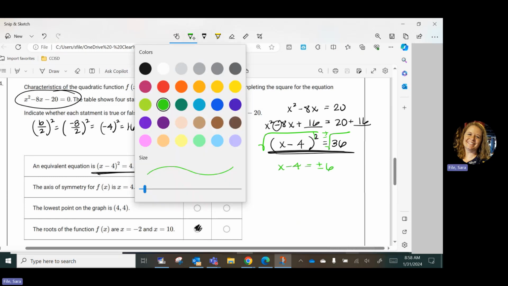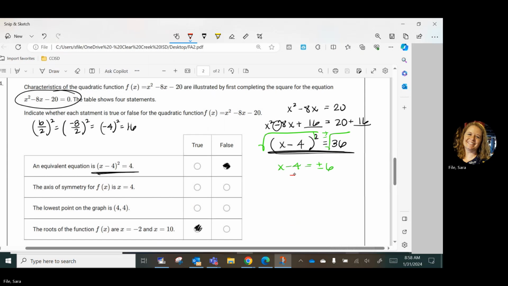And then I would have to add the 4 over. I end up doing 6 plus 4 and negative 6 plus 4. So the 6 plus 4 is 10 and the negative 6 plus 4 is negative 2. So those are the correct roots or x-intercepts. Okay.